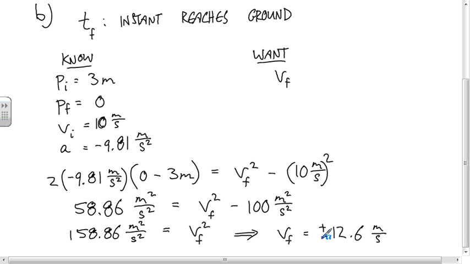With time, it's just always positive. Velocity can be positive or negative. So which one do we want in this case? We have to think physically about what's happening in the problem. When it hits the ground, it's on the way down. So at that instant, it's negative. So the final velocity is negative 12.6 meters per second.